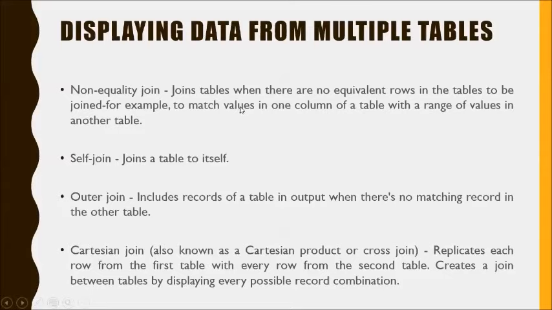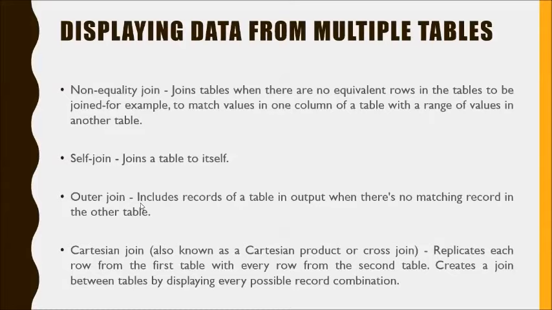Non-equality join joins tables when there are no equivalent rows in the tables to be joined. For example, to match values in one column of a table with a range of values in another table. Self-join joins a table to itself.